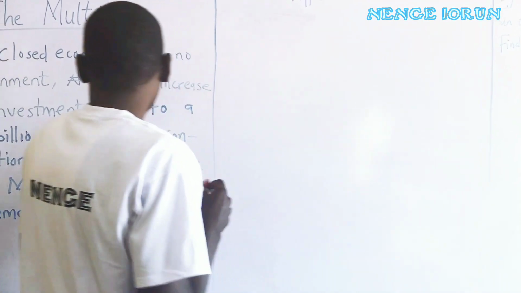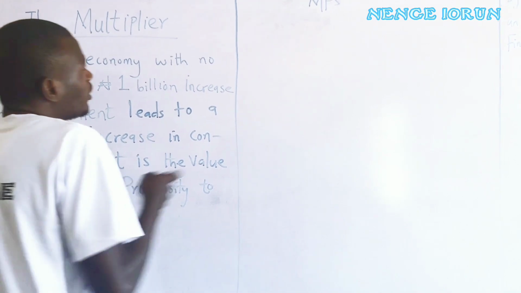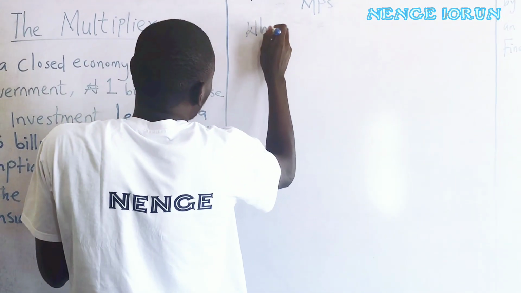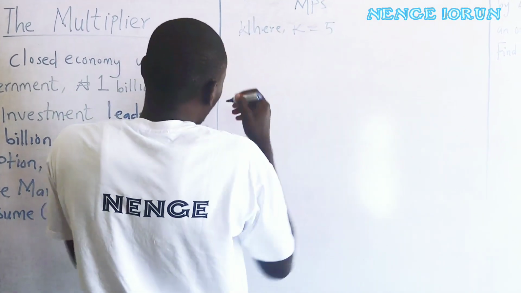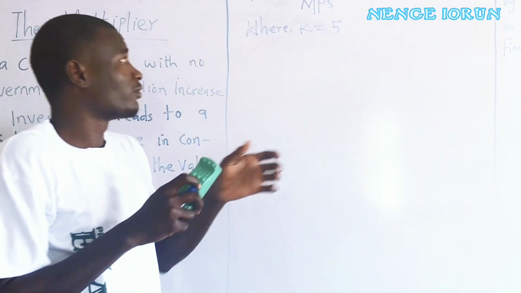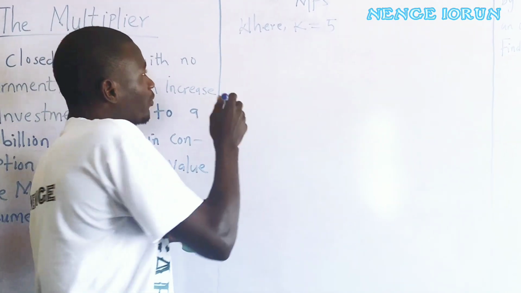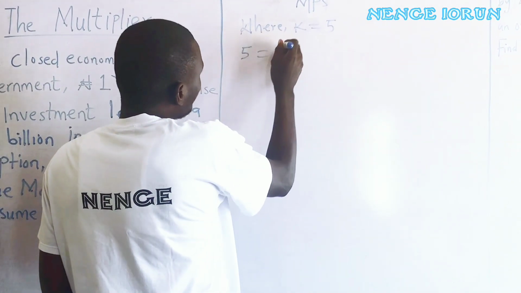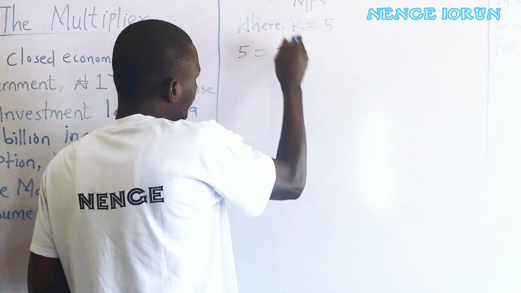In this question, the multiplier is given as 5. So K is equal to 5, and you substitute the value of K, which is 5. You will have 5 is equal to 1 over MPS.